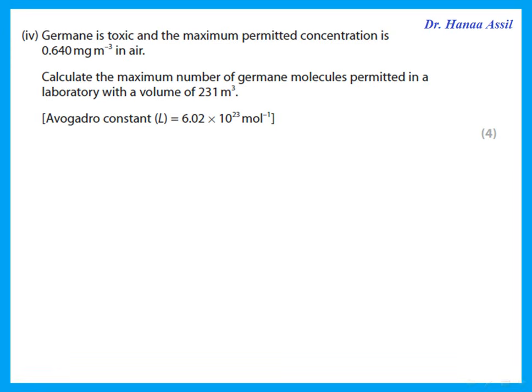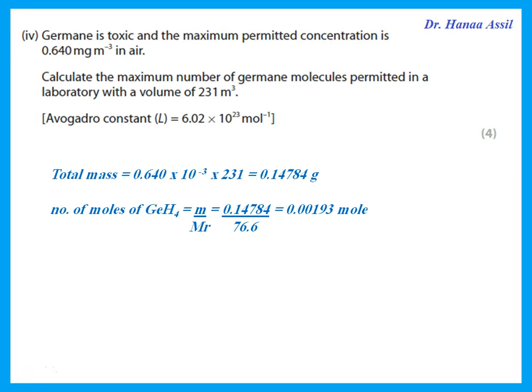And how many meter cubes do we have? We have 231. So the total mass that I can have is 0.64 times 10 to the minus 3 to change it into grams times the total volume that we have. So that is the mass that is allowed.